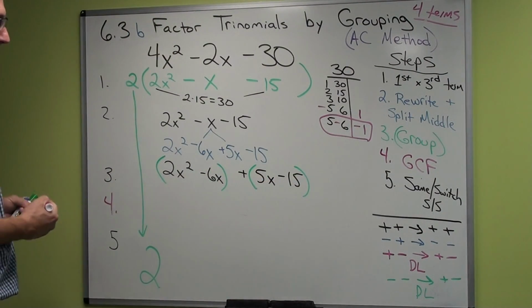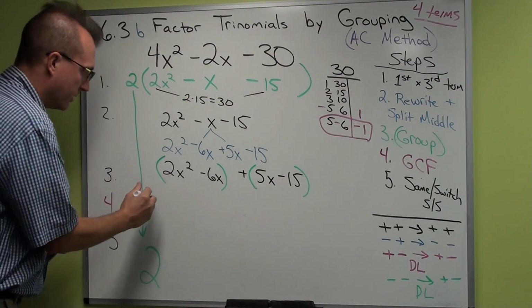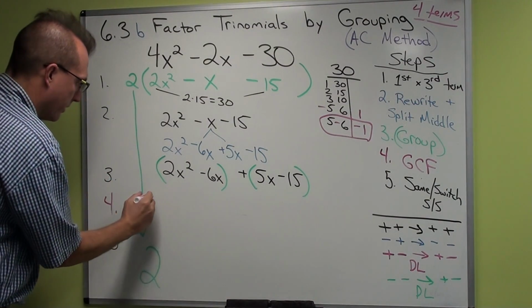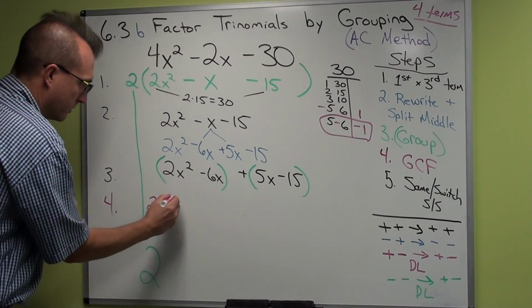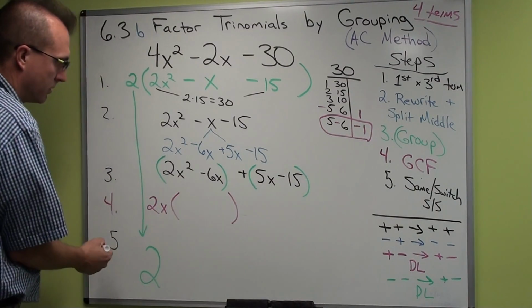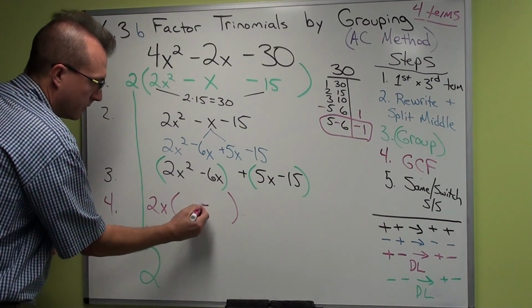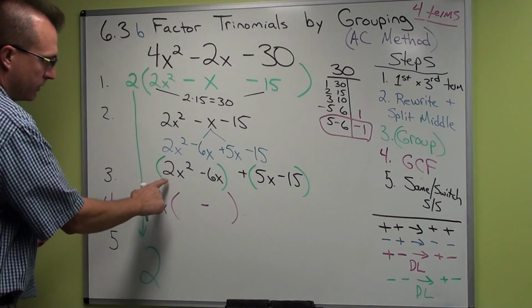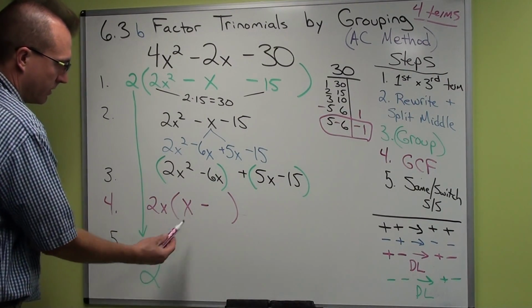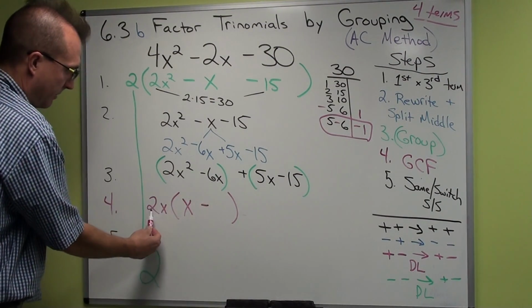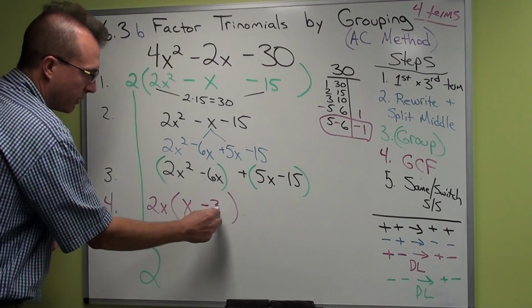Now we do greatest common factor. So that's going to pull out a 2 here and an x. Put my sign in. 2x squared divided by 2x leaves me with x. 6x divided by 2x is going to leave me with a 3.